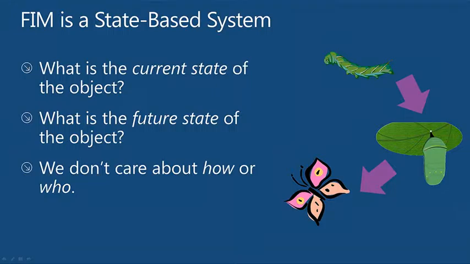And that is that FIM is a state-based system. What we mean by that is that we only care about the current state of the data, then we apply our rules, and then we have the future state of the data. And that's all we care about. In particular, we don't care how it got into that current state.